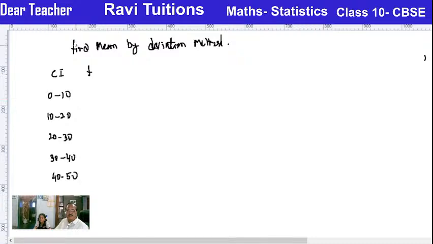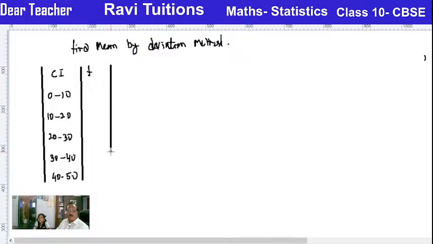So this is the class interval. I suggest you draw the table using a scale and pencil. The frequency here in this session they are calling fi. 0 to 10, let us say 2, this is 6, this is 12.